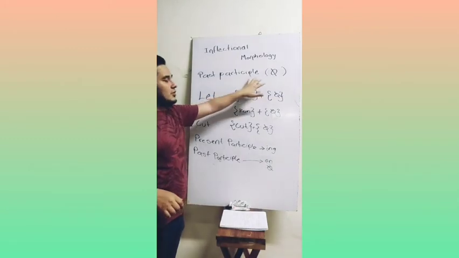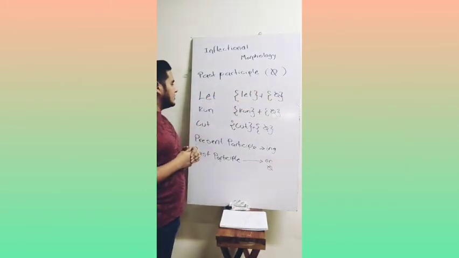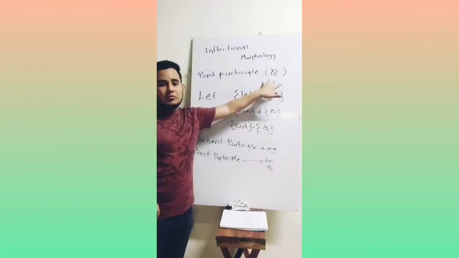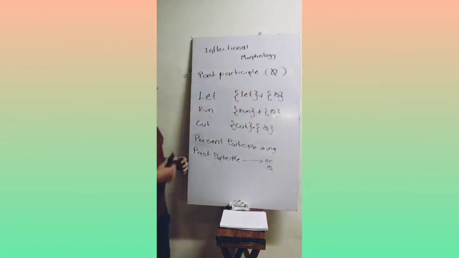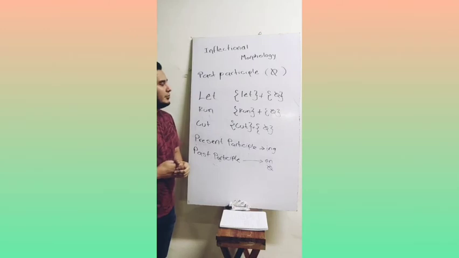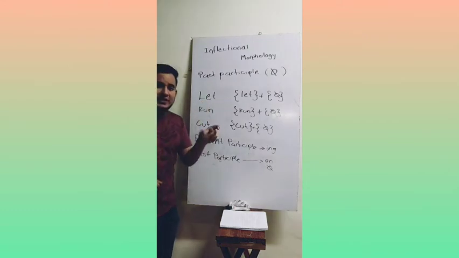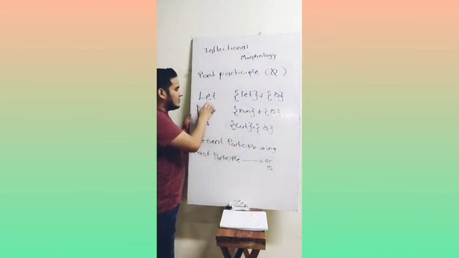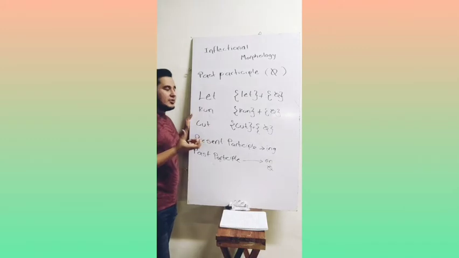Another exception that we can find in the past participle is the zero morpheme. The zero morpheme means that there is no suffix added to the verb, but it is inflected. For example, we have the verb let: in the past participle it remains the same as in the present tense or the base form.